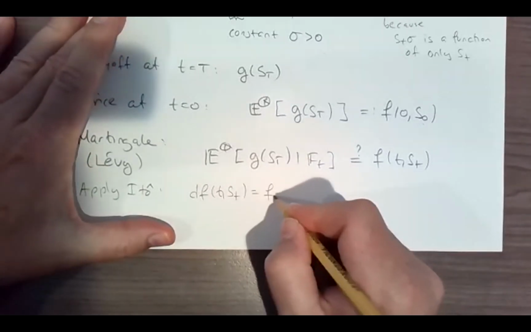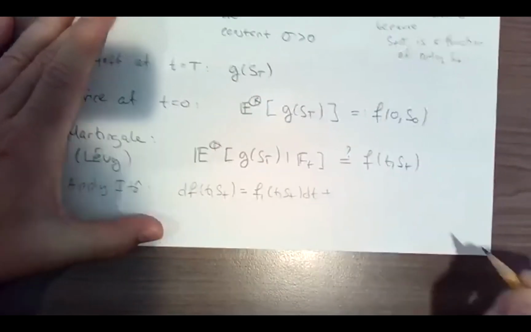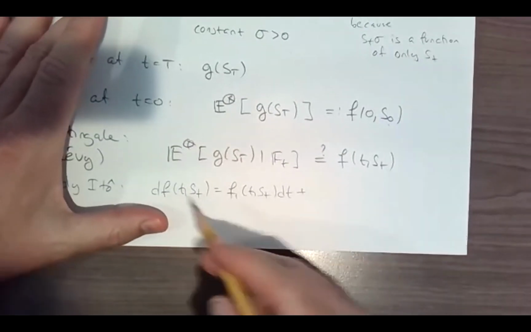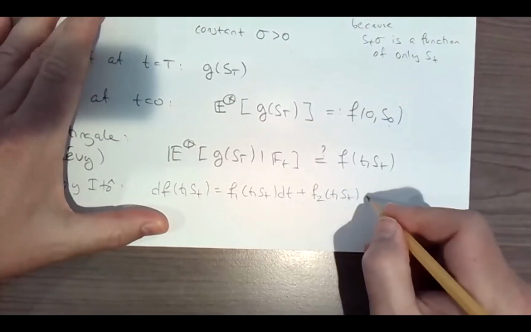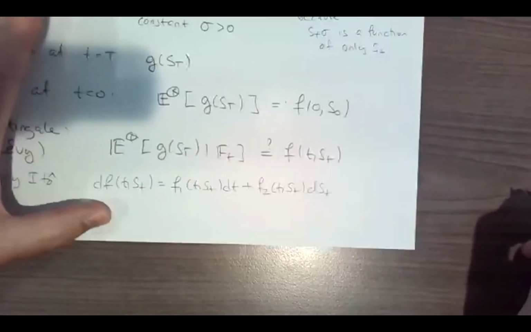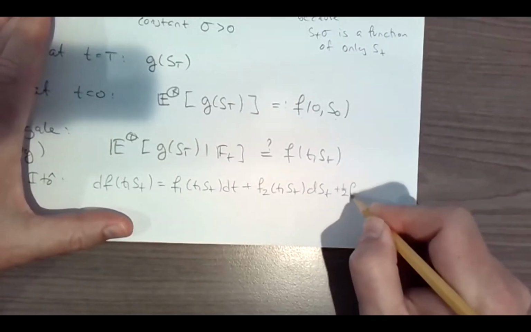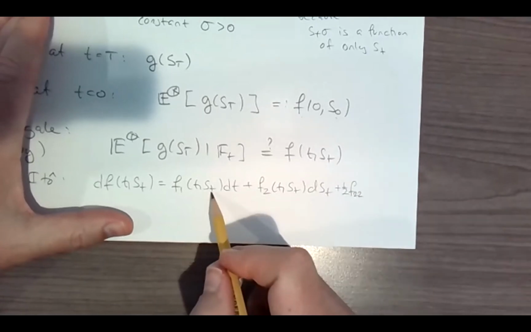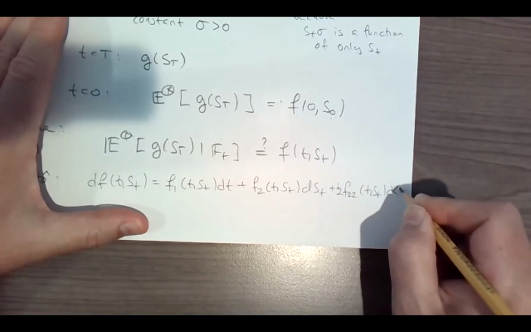This will be F1(t,S_t) dt, and then the derivative F2(t,S_t) times the stock dS_t. And because there's a Brownian motion inside S, we also need a higher order term: the second derivative, and then the quadratic variation of S.